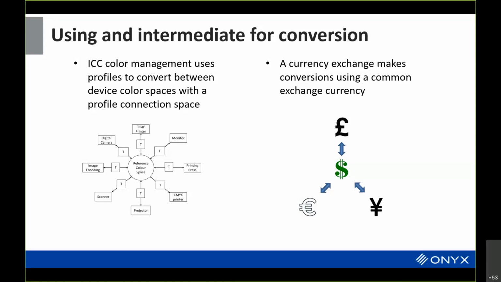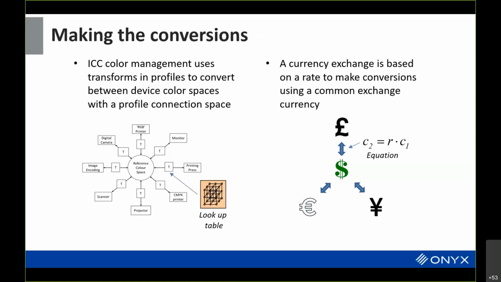Now, a key thing about making these conversions is that for currency, it's quite simple. You have a rate, and some simple math that says, I'm going to take the amount for one currency, apply this equation and this percentage, and boom, I've got the amount for the other currency.